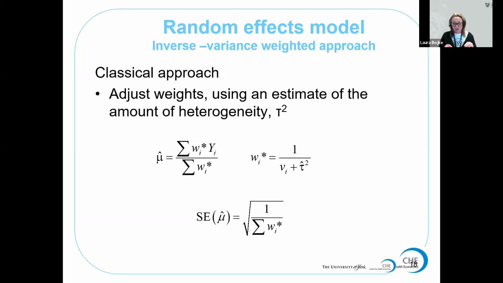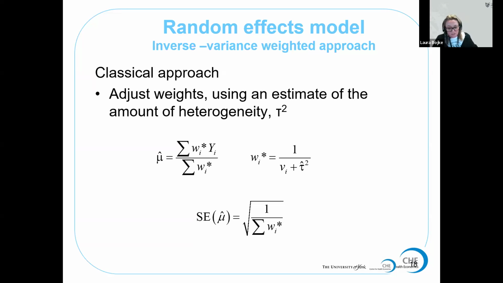Okay, and this reflects the actual distribution of true effects around their mean. So first we need to reflect that, and second, the observed effect for any given trial will have some distribution as well. So we need to take account of that between study differences and within study, we've got that sampling uncertainty as well. So we need to deal with that in terms of assigning weights for individual studies.